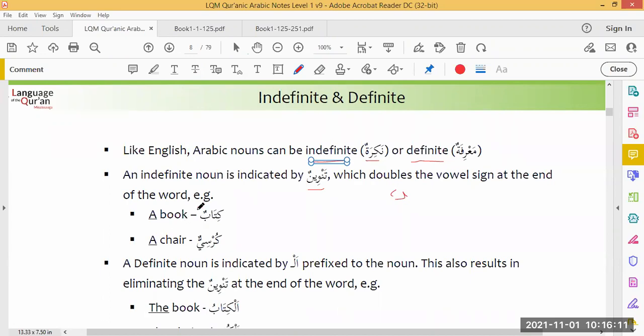So this bun is a sign of the indefinite, nakiratun. Kursiyun, a chair. So this yun is a sign of the nakira. A chair.